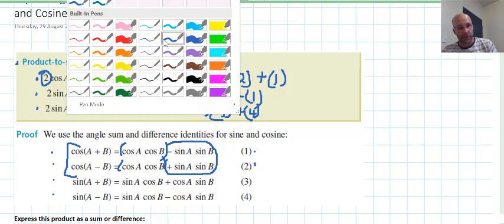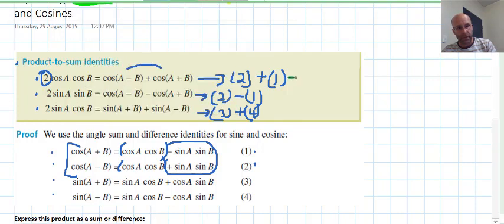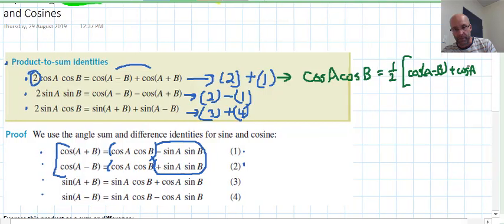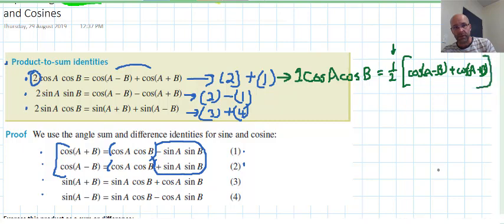For example, I'd like to show you that this one here could be written as cos A cos B equals a half of cos A minus B plus cos A plus B. So you can see that's the same thing. Instead of the 2 there, it's halved, it's down to 1, and so you have to halve the right hand side. So essentially it's the same thing.